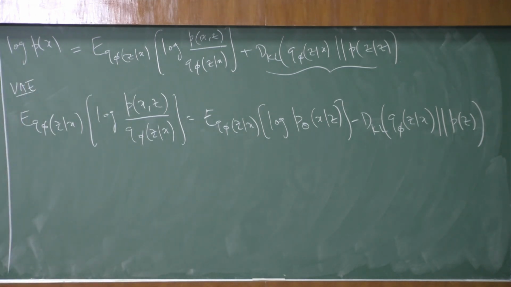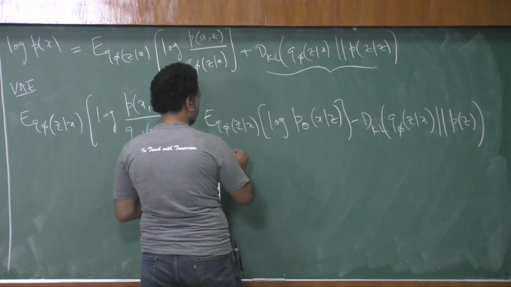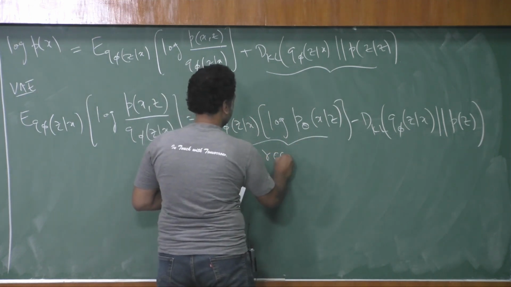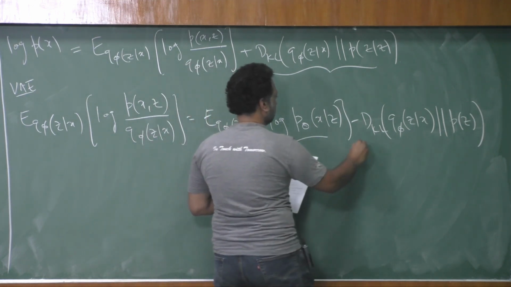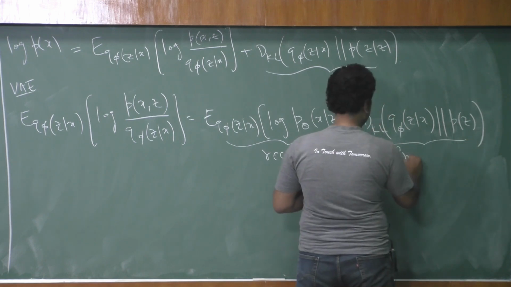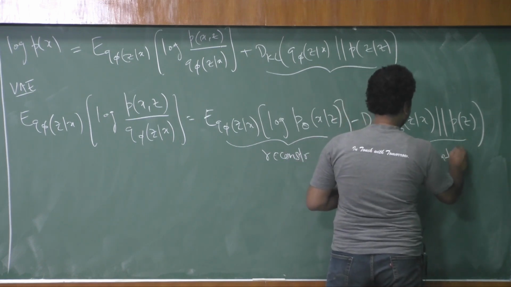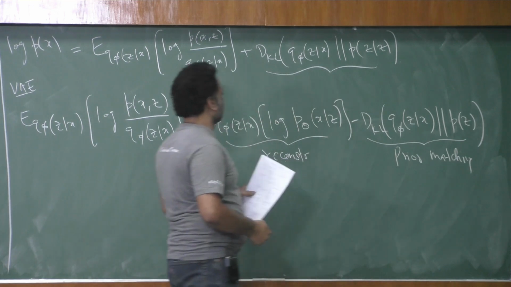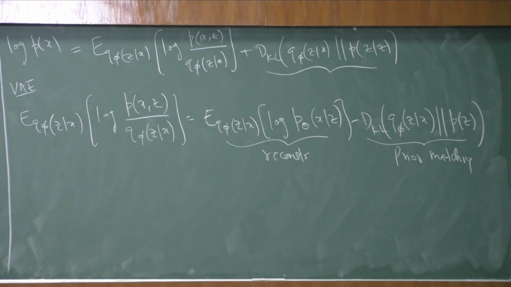When we solve this, we have these terms: this is a reconstruction term, and this we call prior matching. So we have these two terms for the VAE: a reconstruction term and a prior matching term.